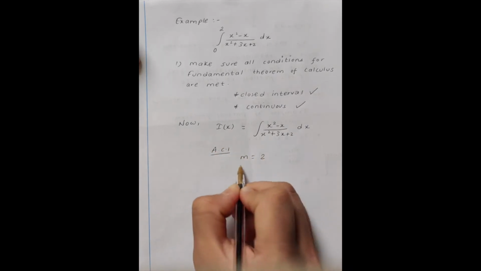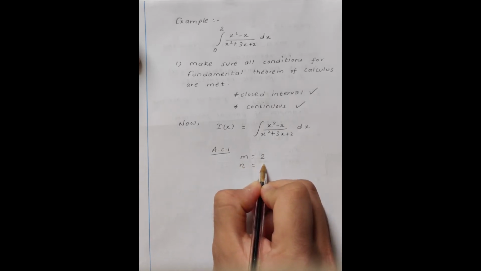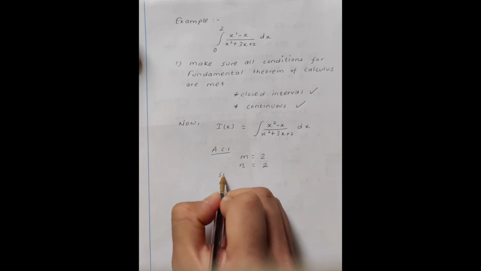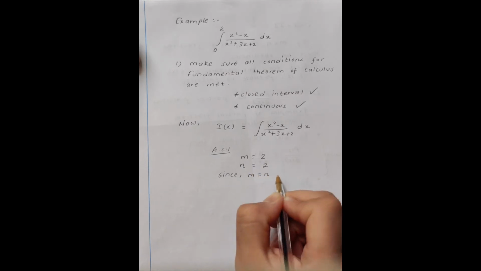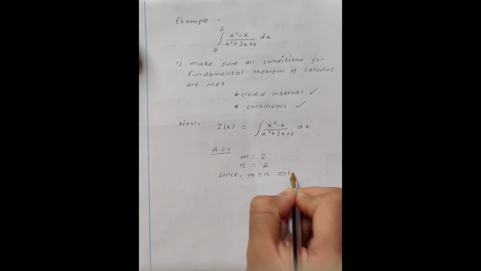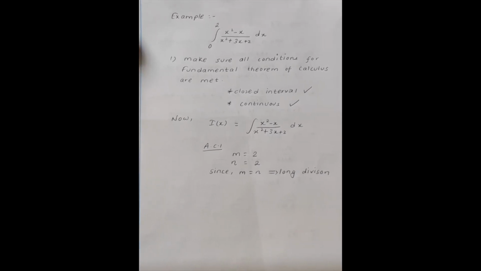The first auxiliary calculation is about the comparison between the powers of the two polynomials. And as we can see, the powers are equal, meaning that we need to perform a long division.